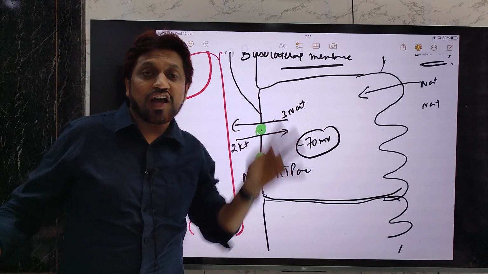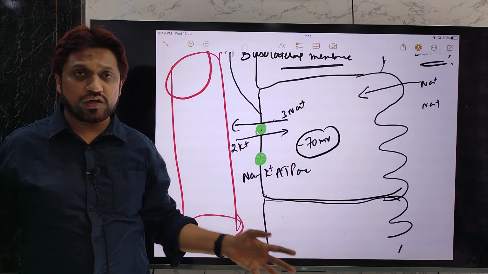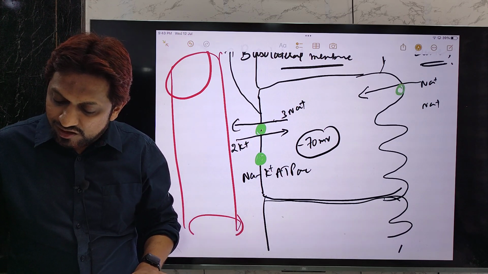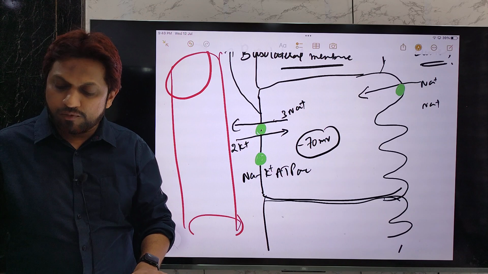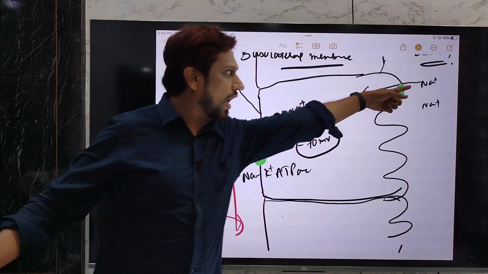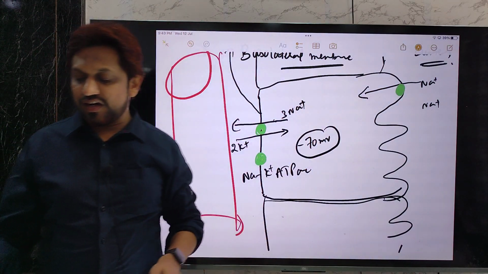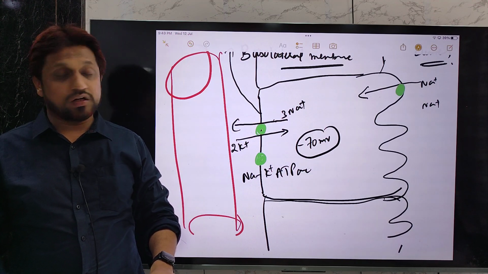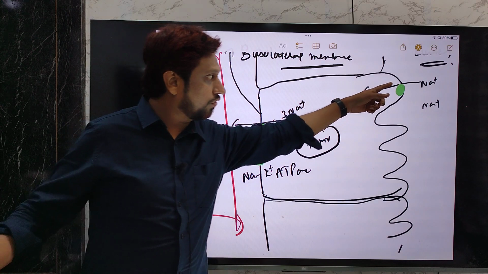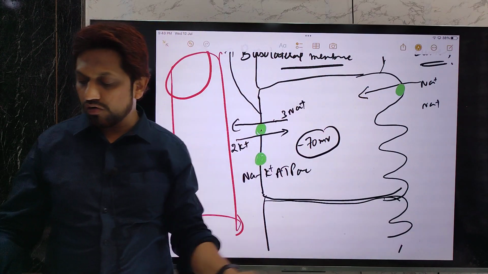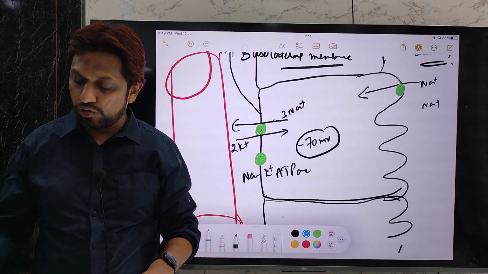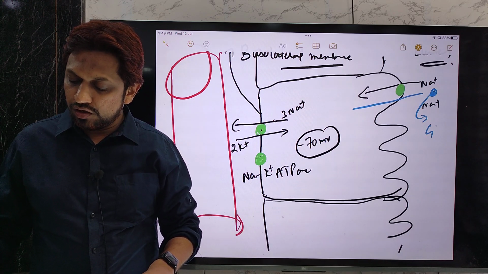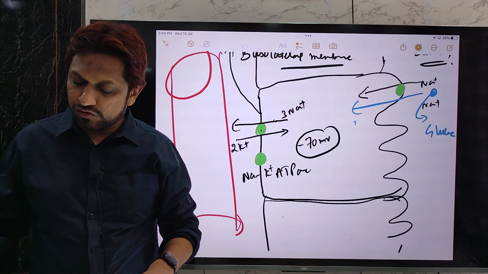Now sodium is a charged particle, it can't directly diffuse inside, it requires certain carrier proteins. So with the help of this carrier protein, the sodium ion will enter inside this cell. This carrier protein not only transports the sodium inside the cell, along with this it will transport the glucose molecule along with the sodium.